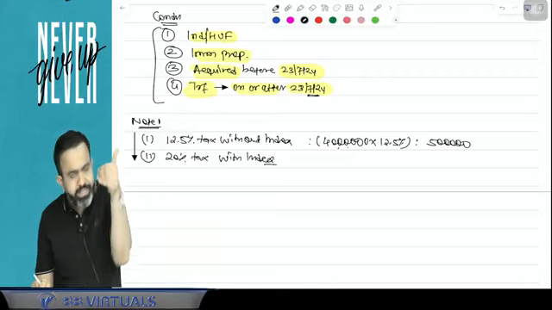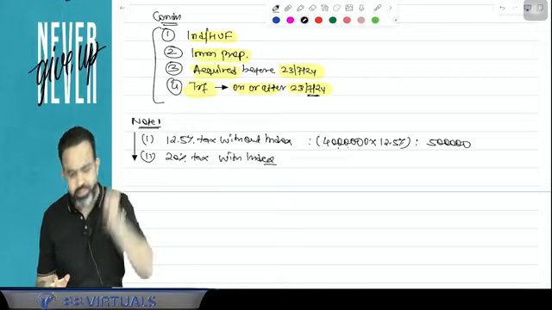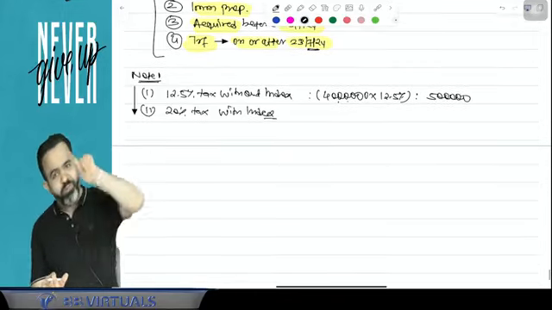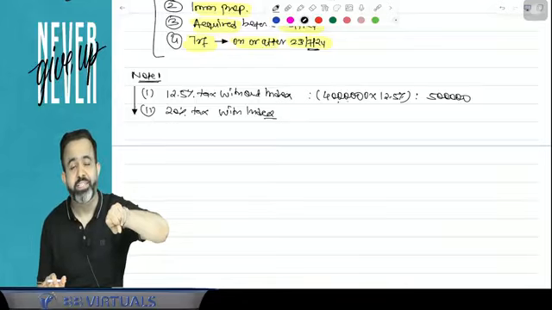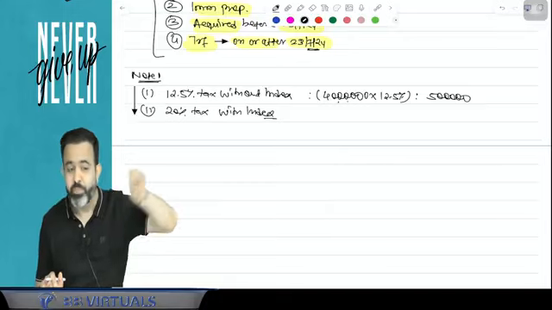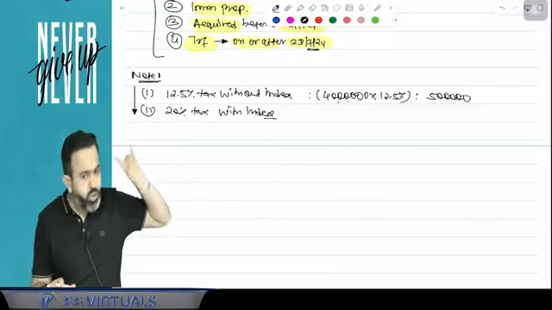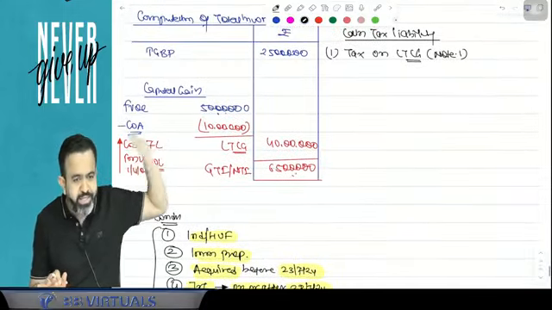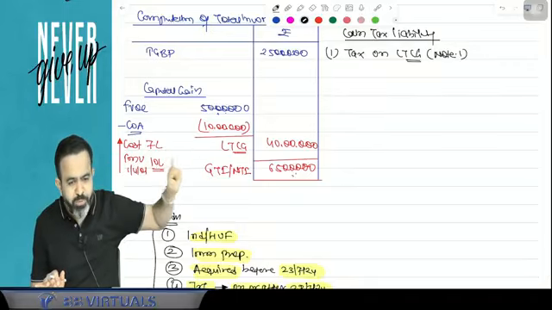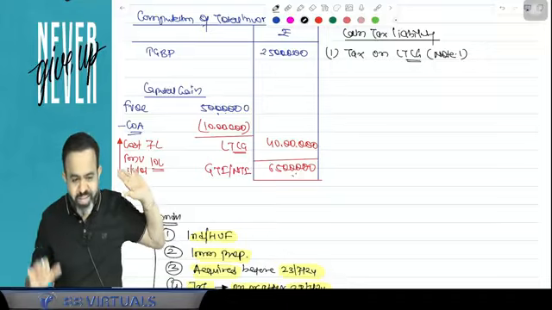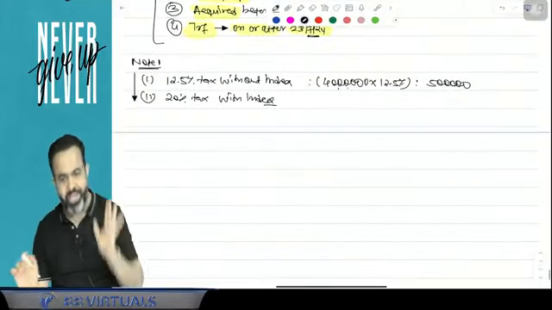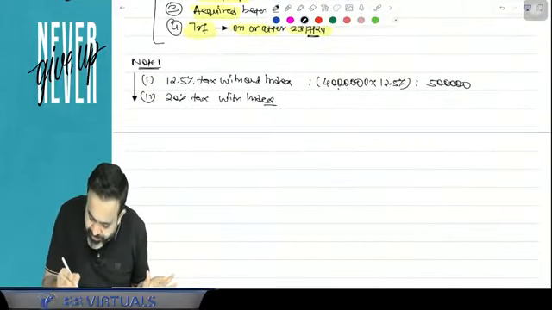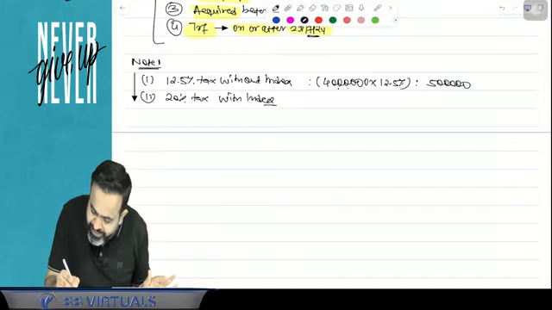Or I will calculate 20% with indexation. Now we will calculate the capital gain with indexation, but only for the purpose of calculating this tax, not for calculating your total income. So here we are going to calculate the tax at 20% with indexation.